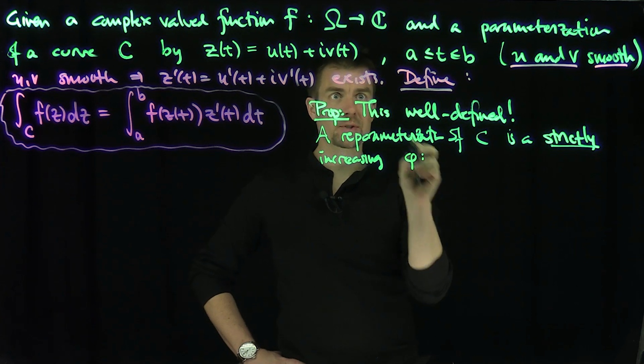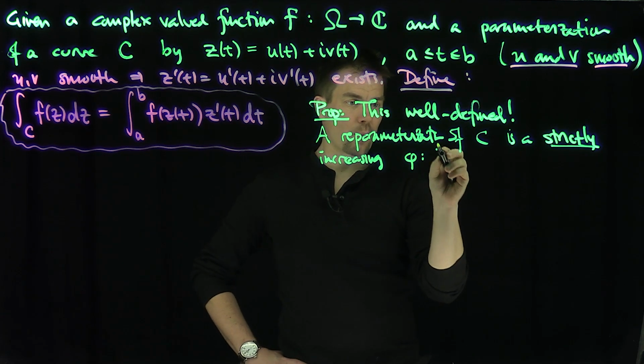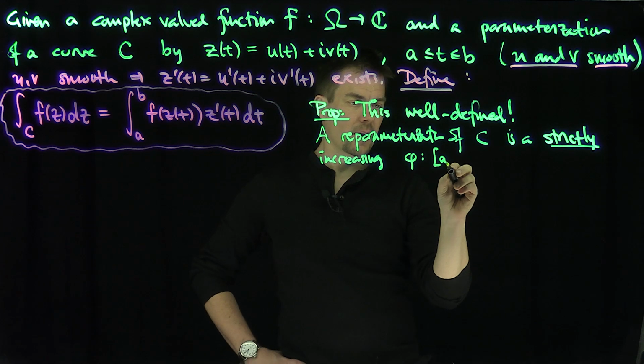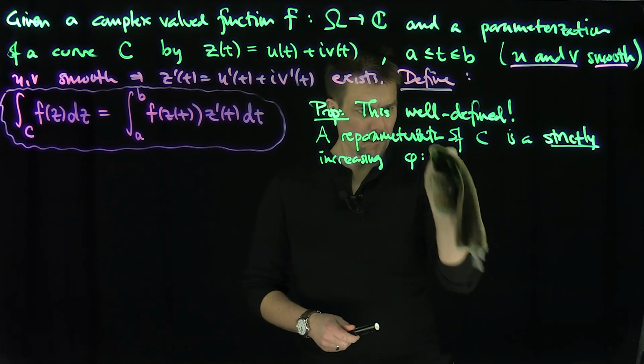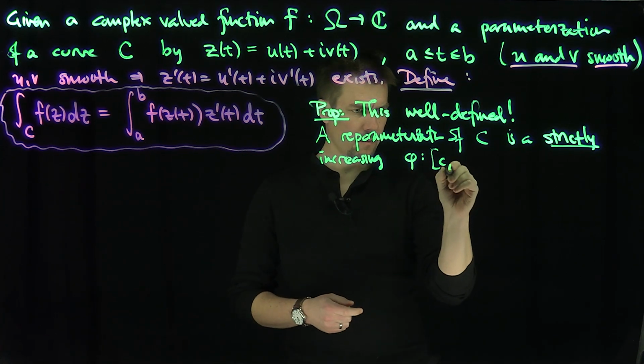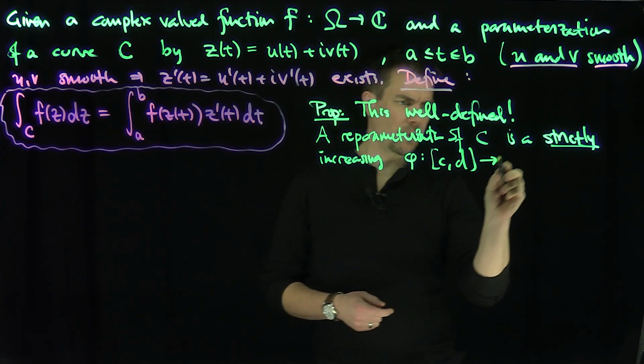Phi maps a different interval, not a b but c d. Phi is going to map c d into a b.